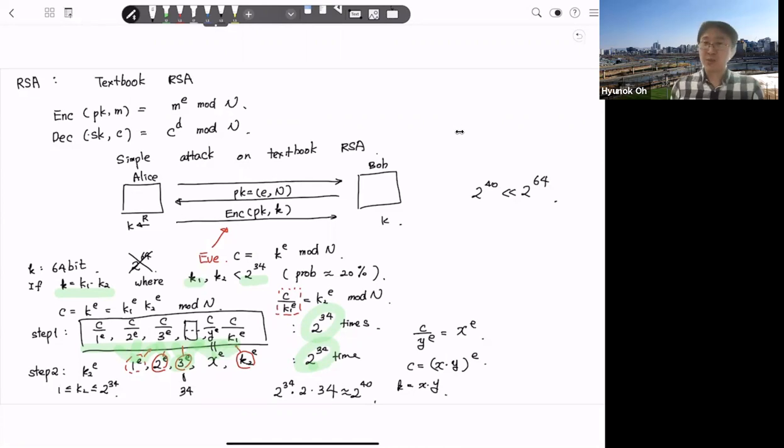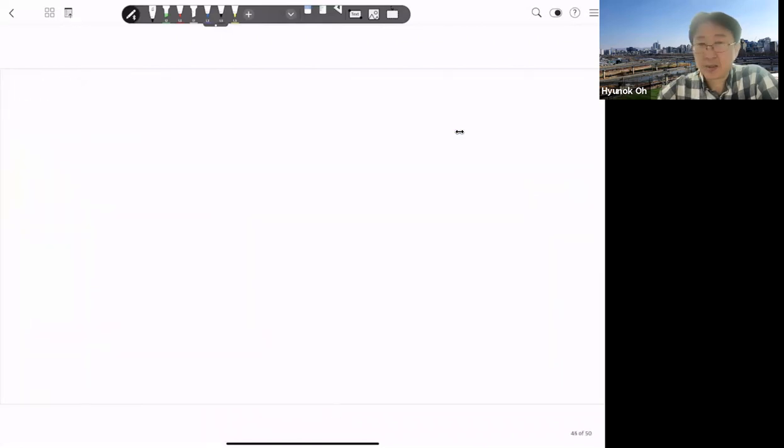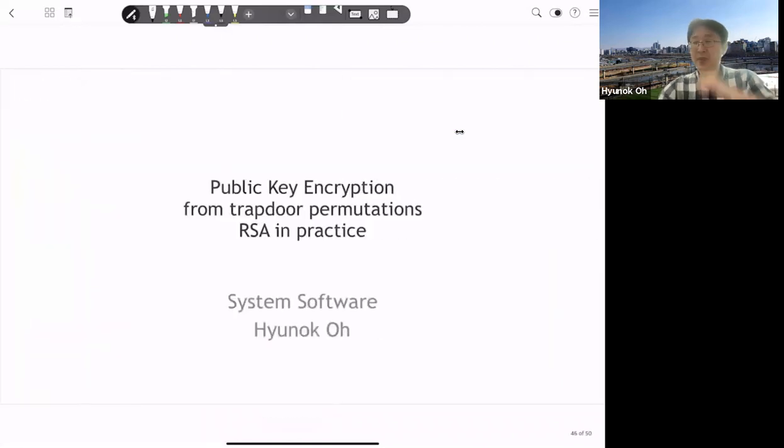Okay, so that's the reason why we are using the randomized algorithm. If we are using the deterministic algorithm, then there are existing attacks to break the system. Okay, so that's the RSA encryption and decryption schemes.